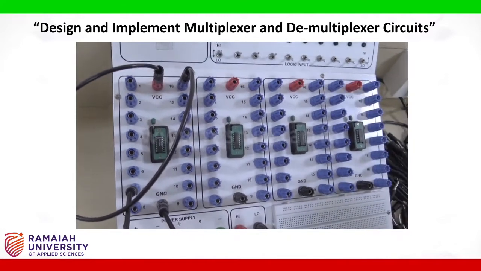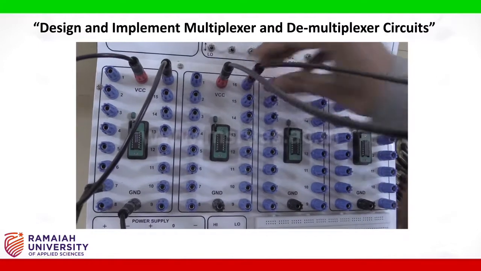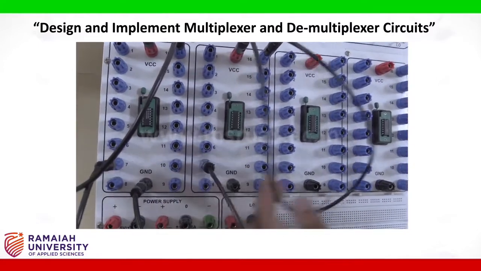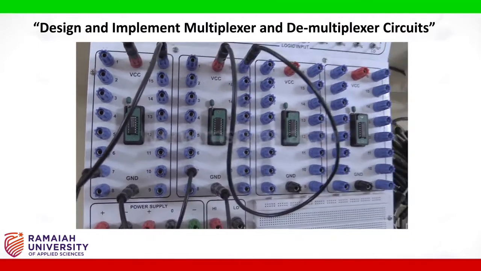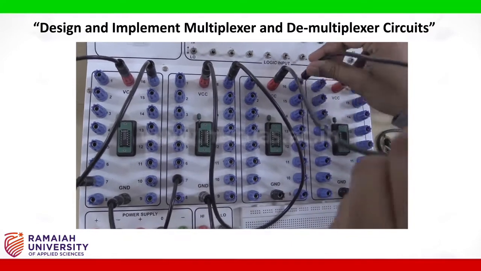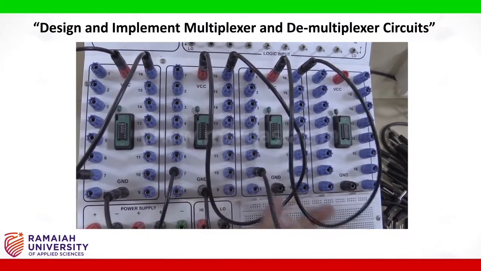Now similarly I am connecting VCC to pin number 14 of the second IC base, and pin number 7 as ground. For the third IC base, pin number 14 is VCC, pin number 7 is ground.